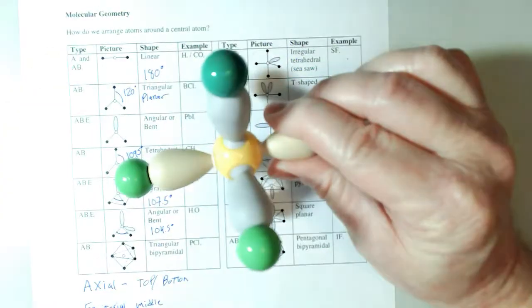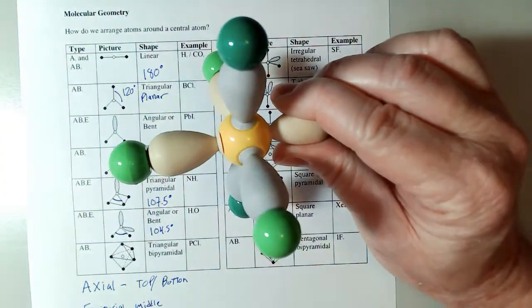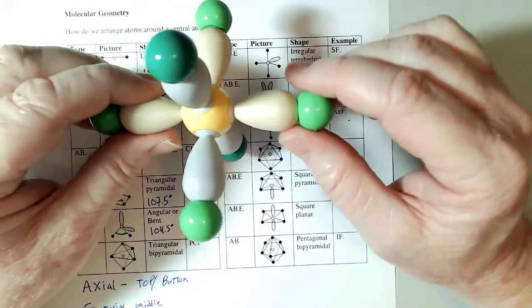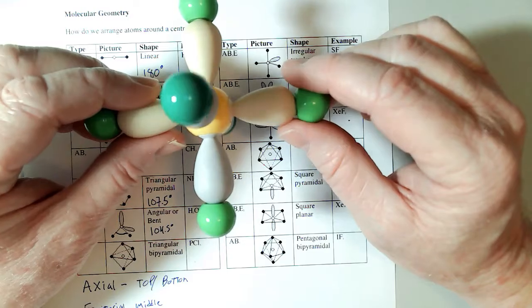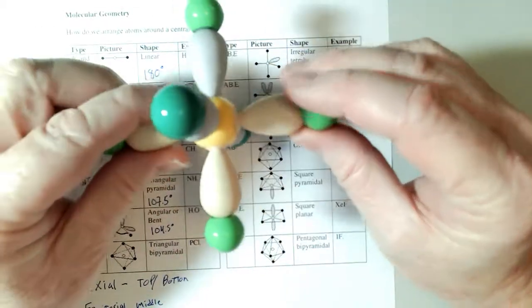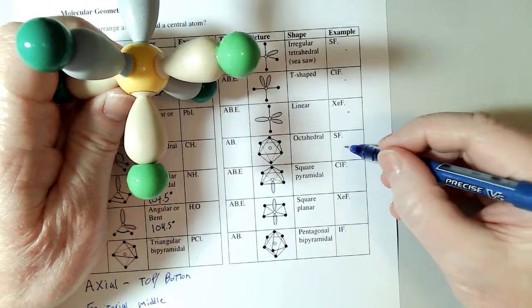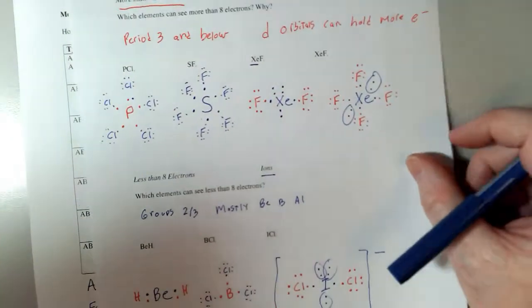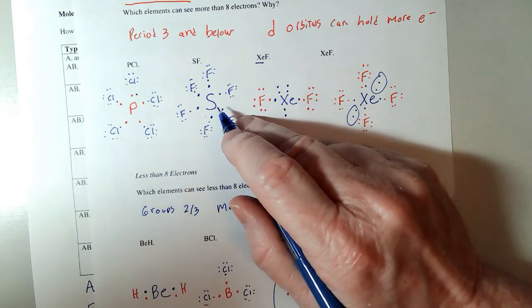So octahedral is 8 faces. Okay? The bond angles are either 90 or 180 degrees. Like from here to here, that's 180. From here to here, that's 90. You get the idea. Okay? Good example of that is the SF6 molecule. And you drew the SF6 molecule back here on page number 5.